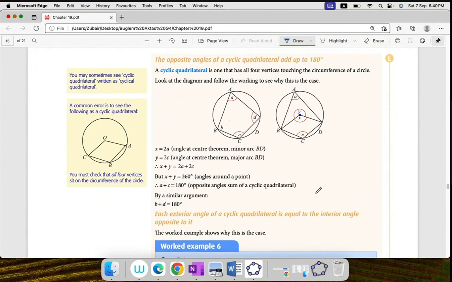This is what you just did without looking at them. See the relationship in the first one. The sum of AC is 180, the sum of BD is 180.